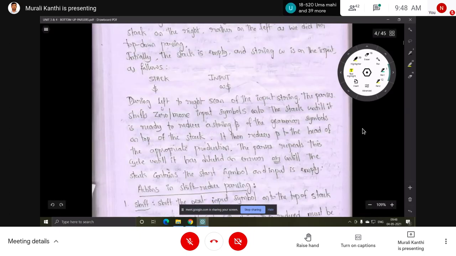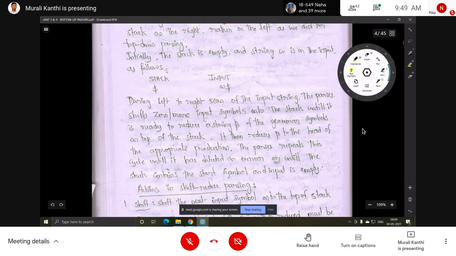During the left to right scan of the input string, the parser shifts, which is nothing but push, inserting zero or more input symbols onto the stack until it is ready to reduce a string beta.